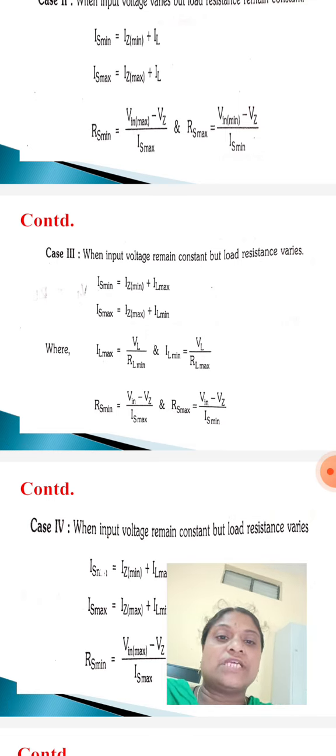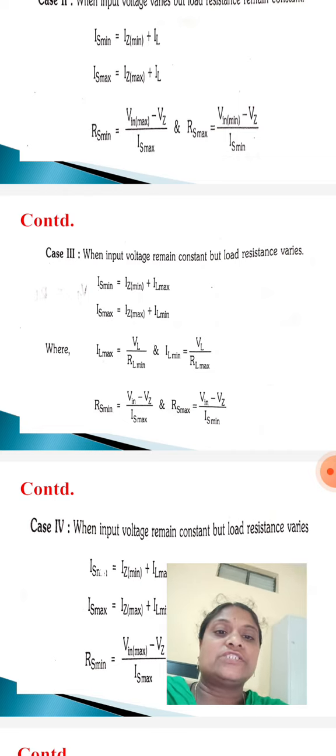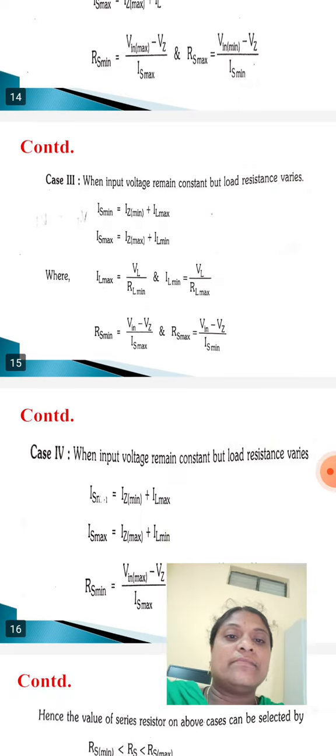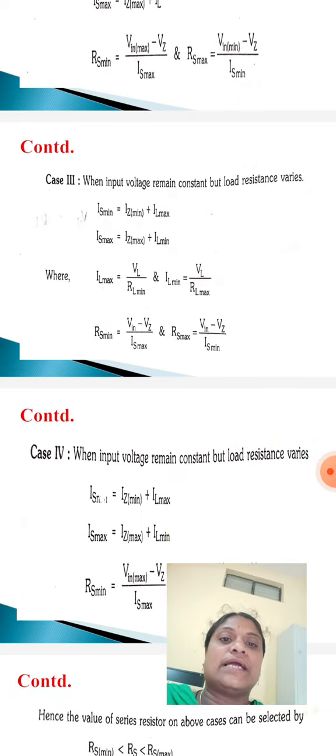IL maximum is equal to VL by RL minimum. The load resistor varies, that's why we can take these two equations. Similarly, IL minimum is equal to VL by RL maximum. So we know the equations for RS minimum and RS maximum.